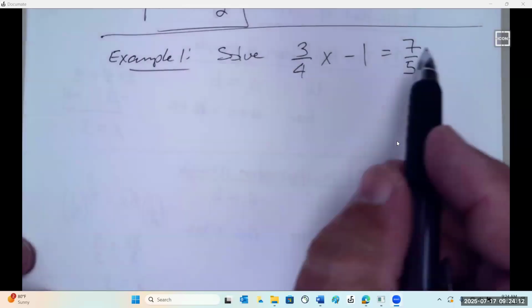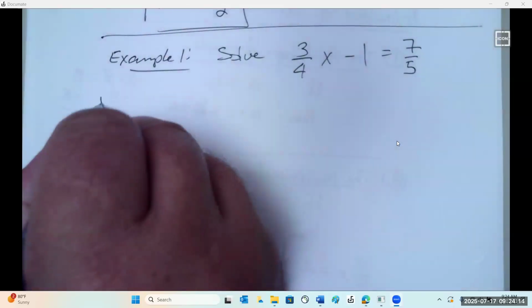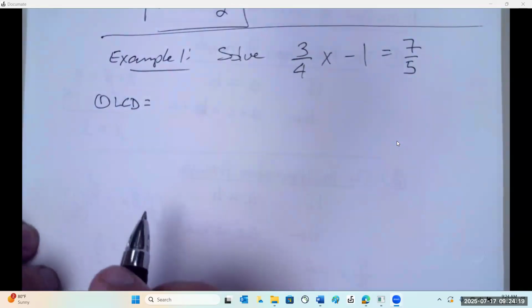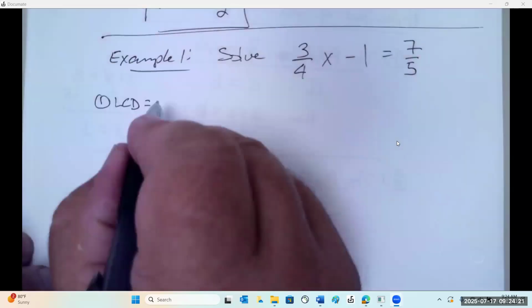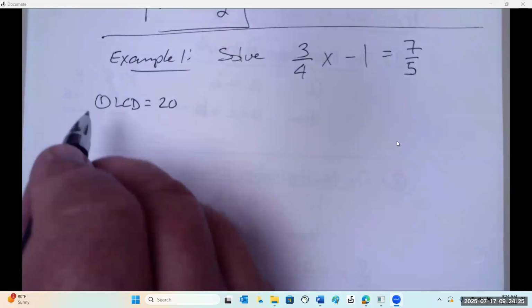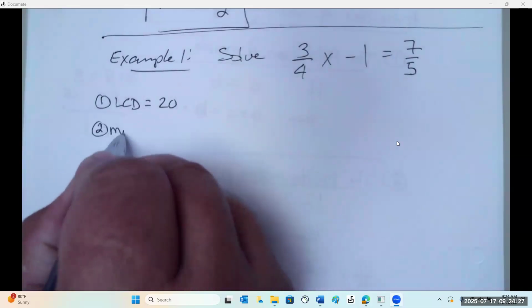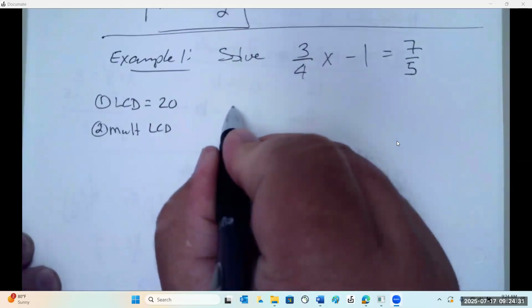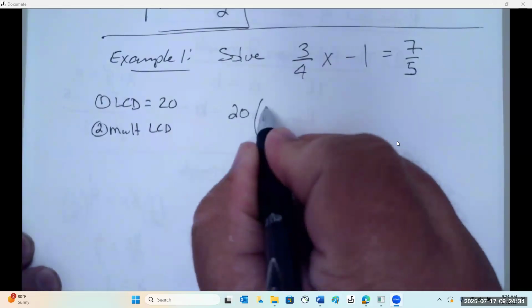So we have fractions and equal signs. So the first thing we do is find the LCD. What's the LCD in this example? 20. 5 times 4 is 20. So I multiply 20 to each term.